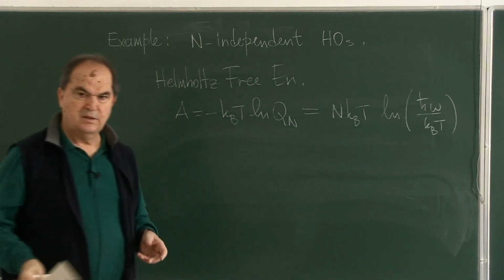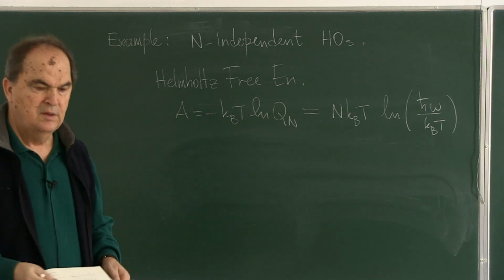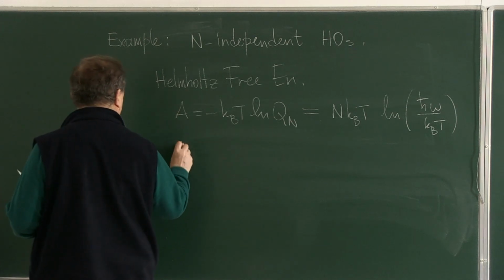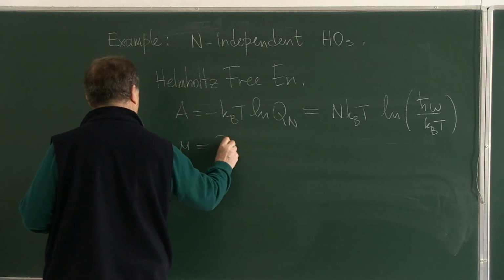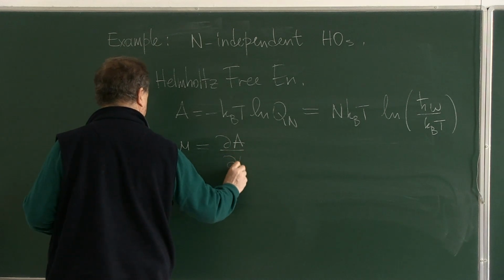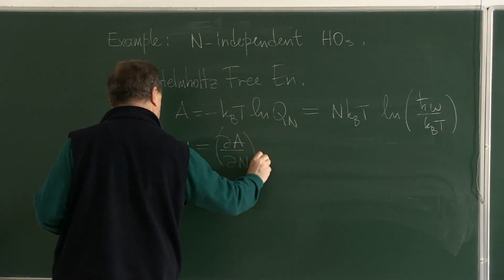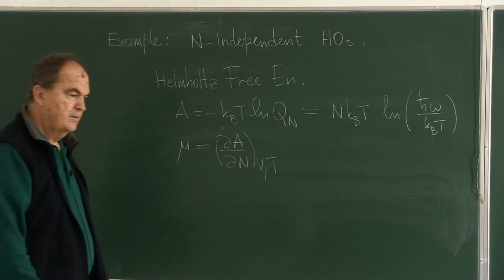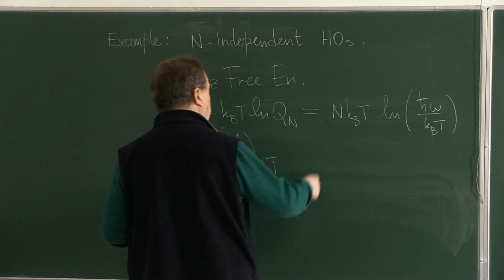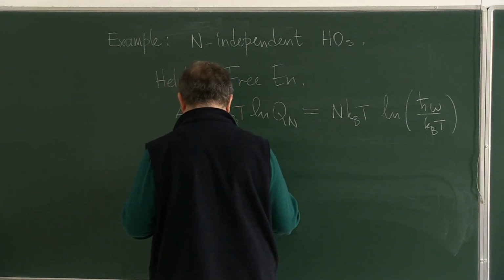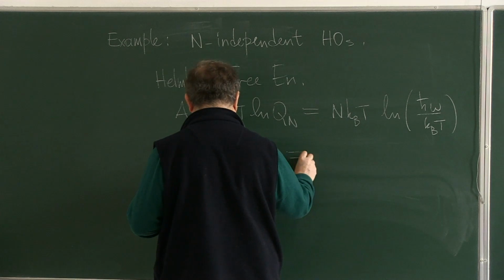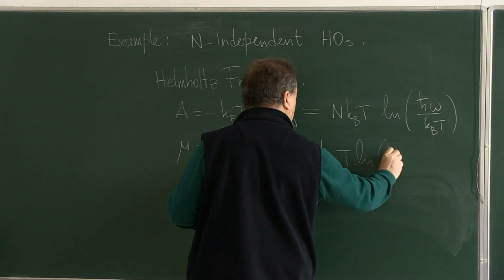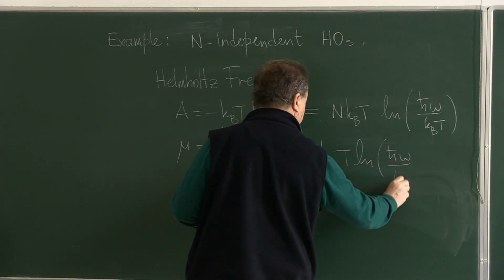See, I have an explicit expression for Helmholtz free energy. So I can calculate, for example, the chemical potential. Very easy. Derivative with N, it's just a multiplier, you lose it: kBT ln h bar omega over kBT.